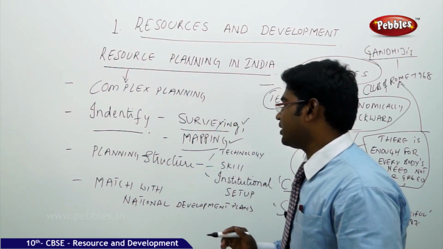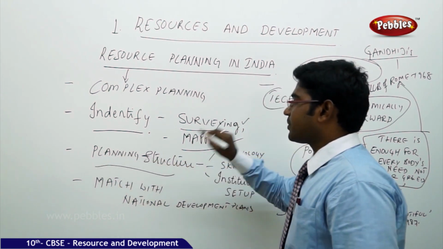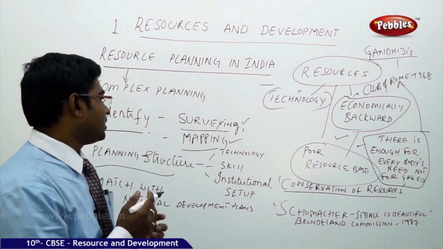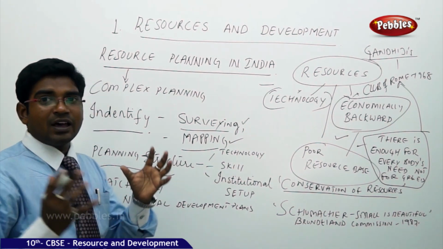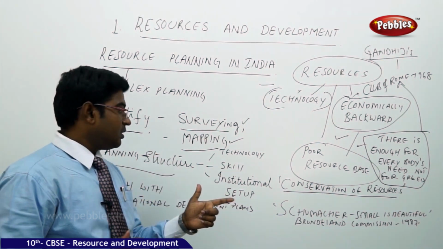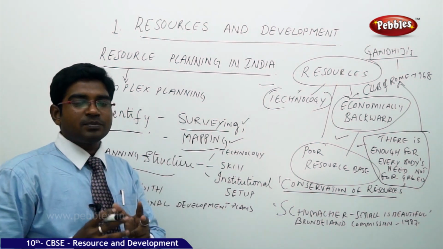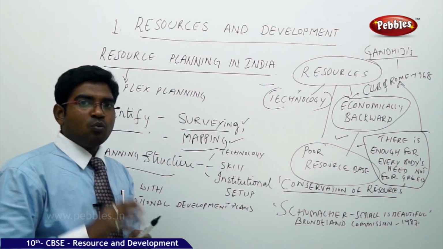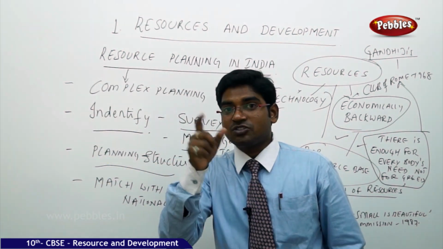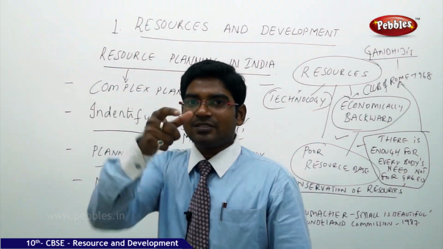The third point is a planning structure. A detailed planning structure has to be maintained so that you can have the combination of technology, skill, and institutional setup in order to utilize the resource. Once you find that there is a resource, you still may not know how to utilize it.